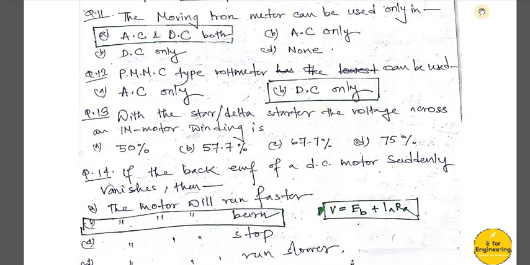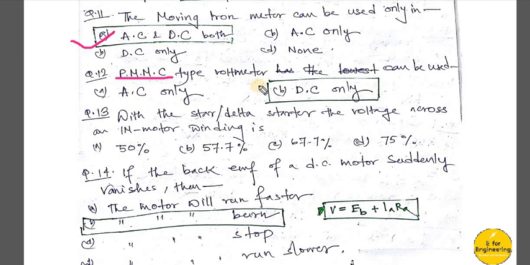Next, a moving iron meter or the MI meter is used for AC and DC both. PMMC type voltmeter can be used for AC only or DC only.